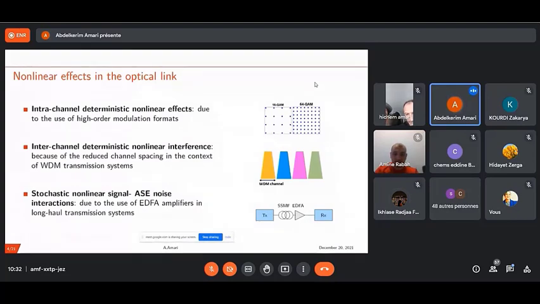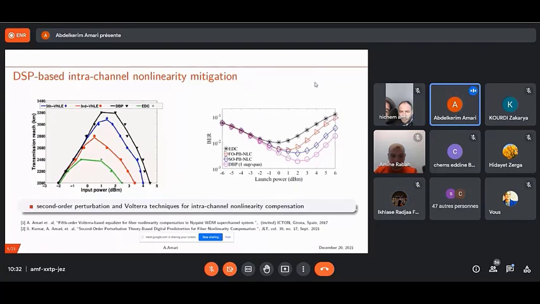So there has been a lot of research work to compensate for this kind of nonlinear effects using numerical solutions. The main idea is to link and then inverse use the link model at the receiver side for the compensation of the nonlinear effects, or also as pre-distortion at the transmitter side.